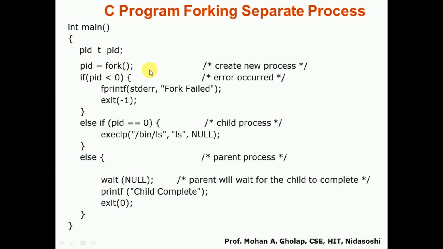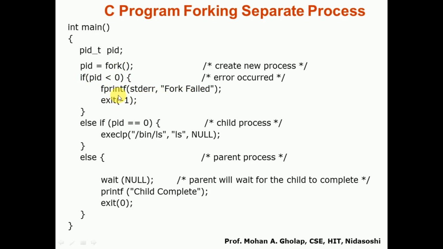After this, you have to check whether pid is less than 0, because we know that pid should be either equal to 0 or greater than 0. Equal to 0 means child space, greater than 0 means parent space, but if it is less than 0, that indicates fork is not executed correctly. In that case, if pid is less than 0, we simply display the message fork failed.